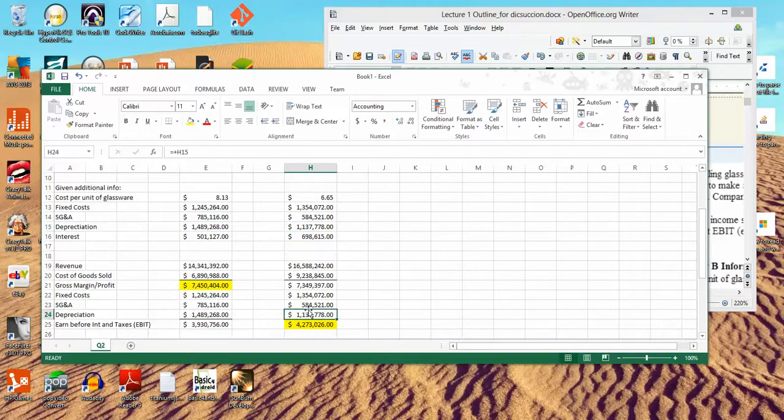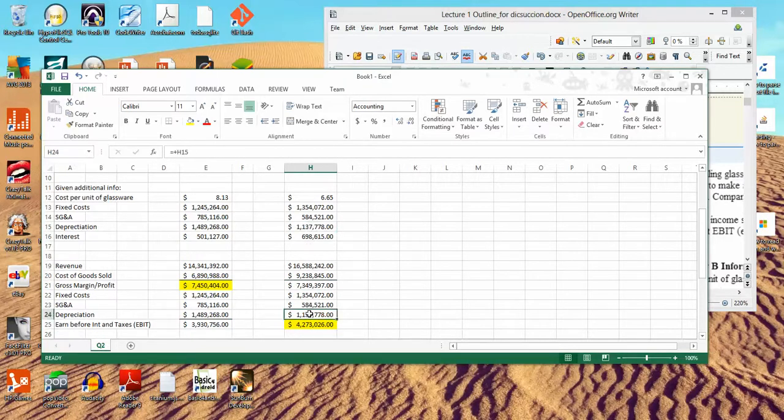Then I took EBIT, earnings before interest and taxes, a very common, popular item in finance. Make sure you know how to calculate EBIT. All I'm doing is taking my gross margin minus our fixed costs minus our SG&A and our depreciation, to get to 3.9. Over here the same thing, I get to 4.2. Again, I'm just carrying these down.